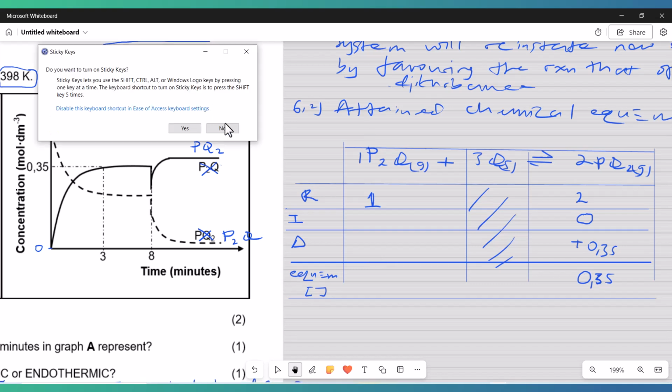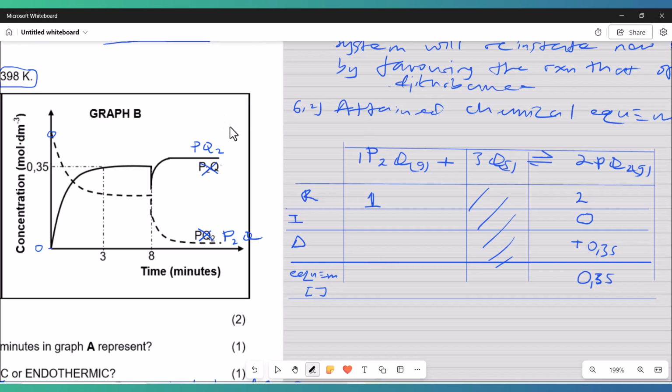But what do I see? Because I have some information in the row for the change, 0.35, I must know what happened here. The mole ratio is 1:2. So if I put x here, it means x times 2, because the mole ratio is 1:2, and here I put the 0.35.